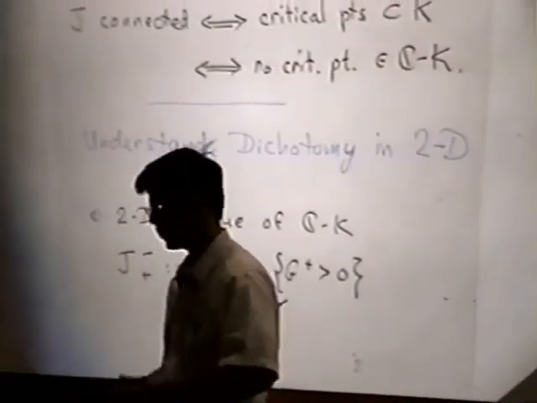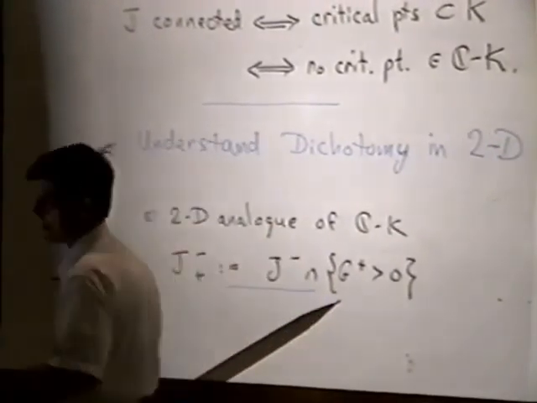Okay. So in two variables, you have two things you might think about. You might say the analogous set to the complement of K might be the complement of K plus, that's the set where G plus is bigger than 0. G plus measures the super exponential rate of escape to infinity, so the set where the rate of escape is positive is the points that go to infinity.